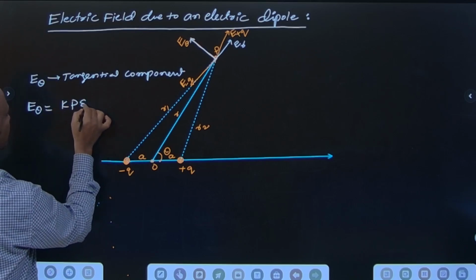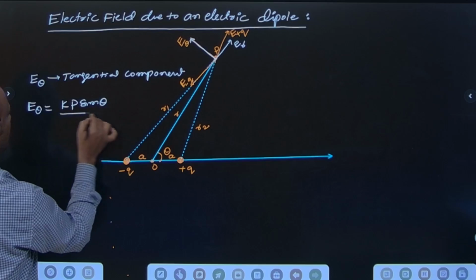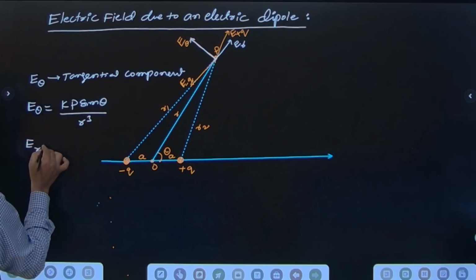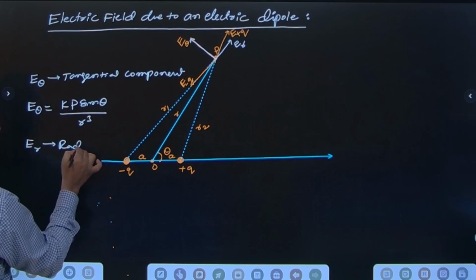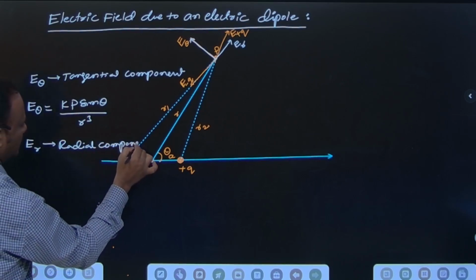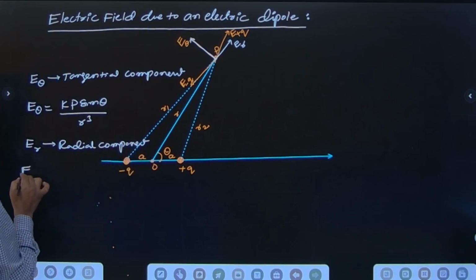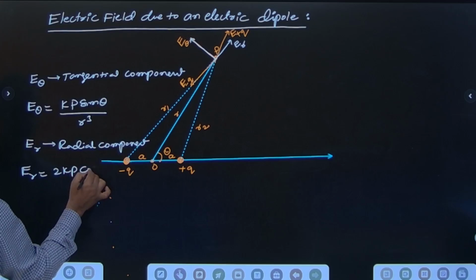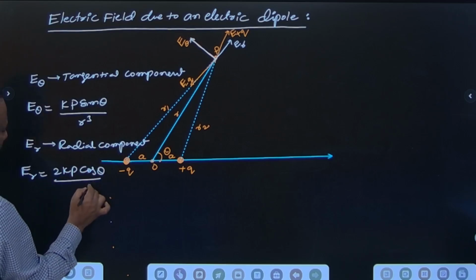And ER is the radial component, ER is equal to 2Kp cos theta by r cube.